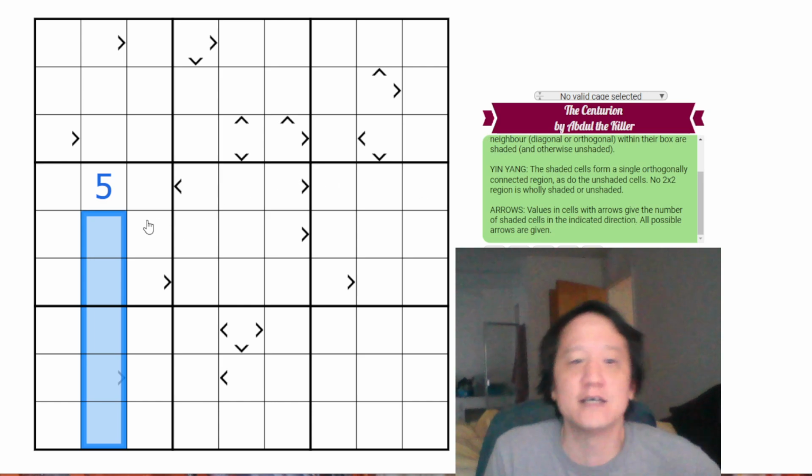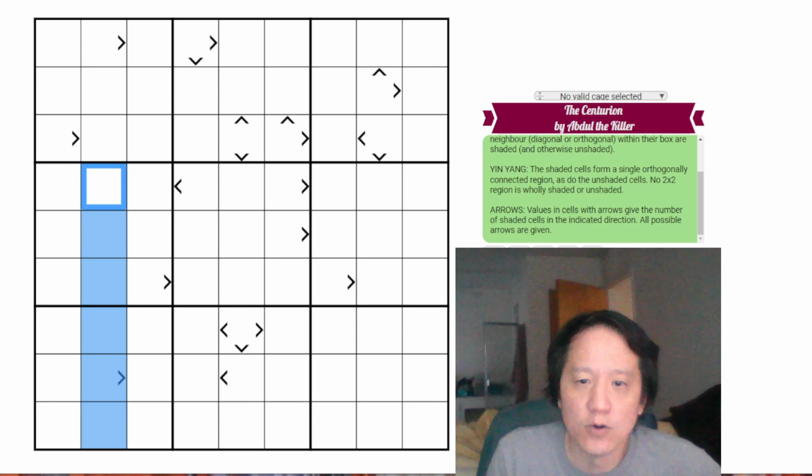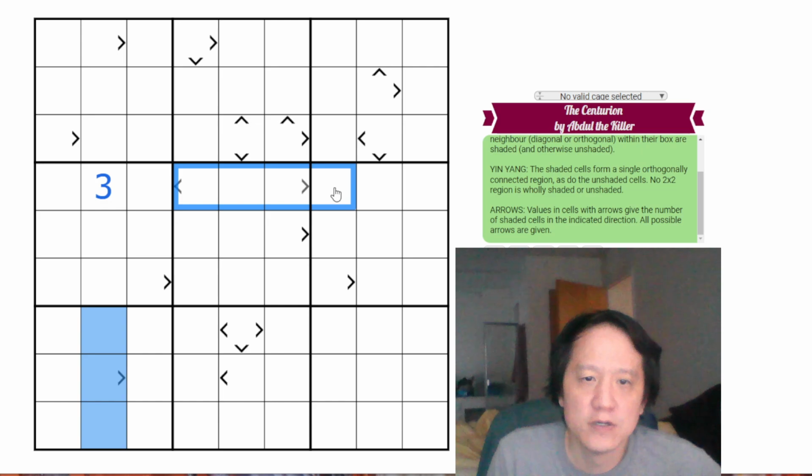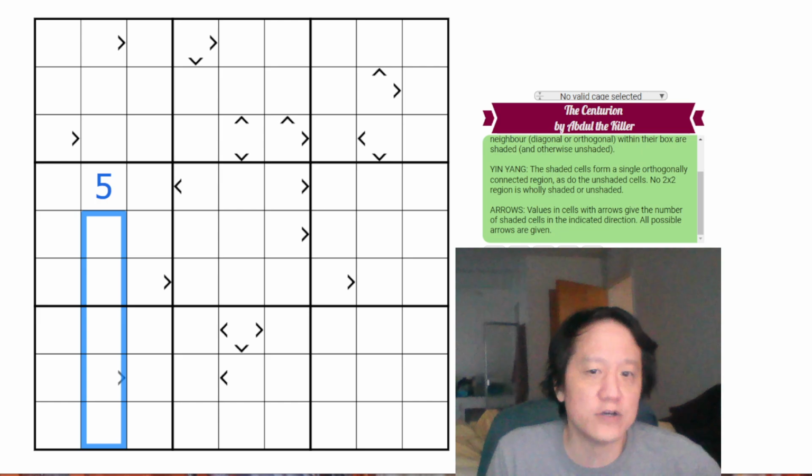So basically, that's saying that you cannot have a situation like this where there's a 5 and then there are 5 shaded cells in the direction from there. Or if this were a 3, you could not have something like this, where there are 3 shaded cells in a direction there. That's actually a very interesting and a very important constraint to know.